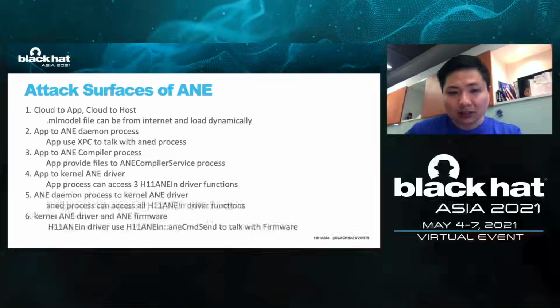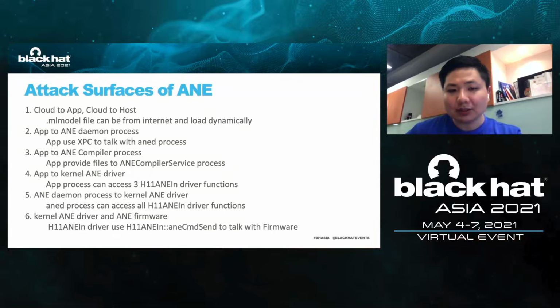The second attack surface is from the app to the ANE daemon. The app will give almost all ANE related work to the ANE daemon, and there may be some bugs in their interaction. The third attack surface is the app to the ANE compiler.